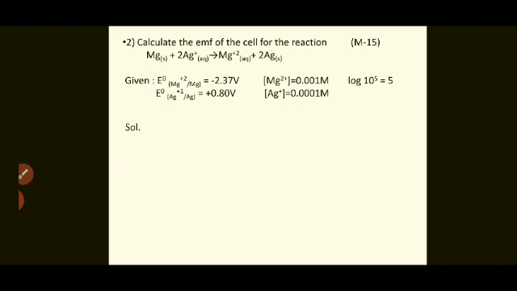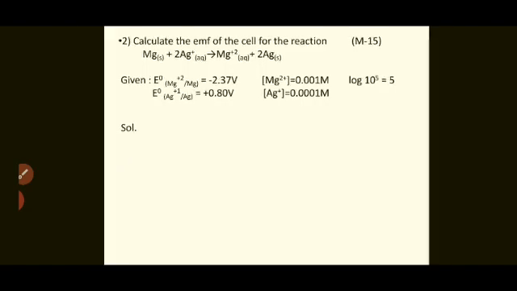The values of the individual half cells are given, that is Mg2+ | Mg and Ag+ | Ag. Then the molar concentrations of Mg2+ ions and Ag+ ions are given.